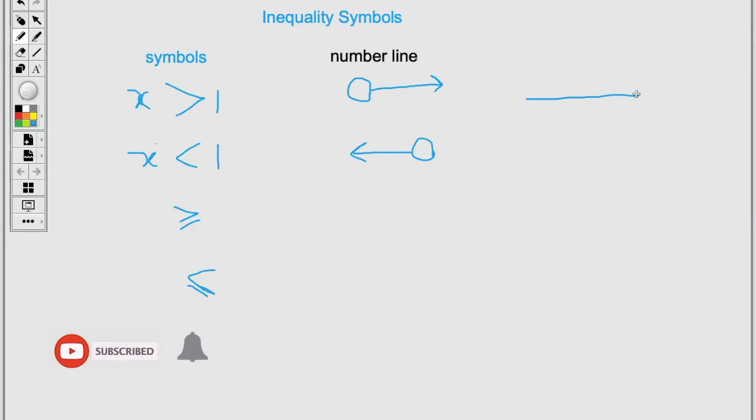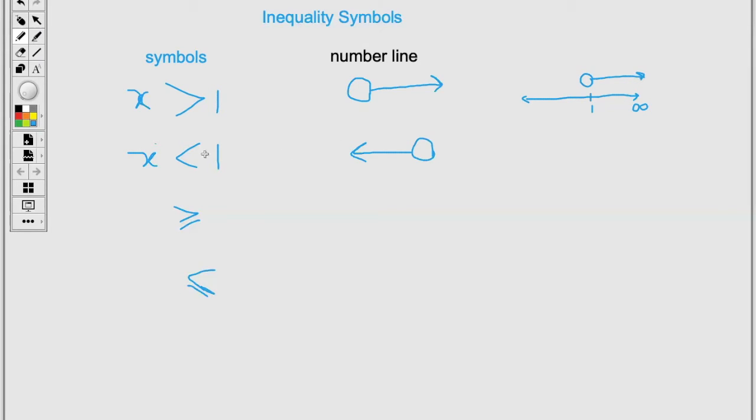Say this is my number line, and I have the number 1. Above 1, I will have an open circle for x is greater than 1, and then I'll be moving towards positive infinity because greater than means I want numbers larger than 1.